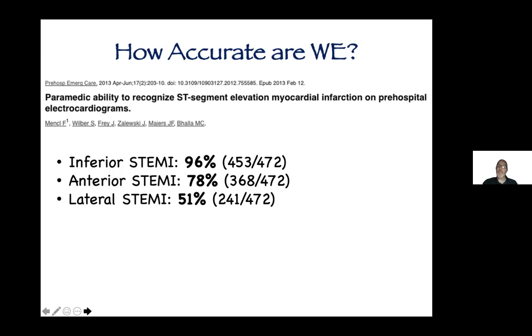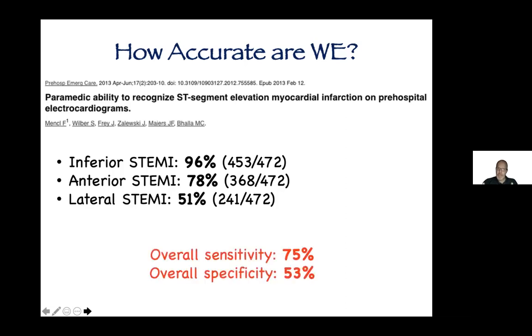But you can see that our success goes down when we get into anterior STEMI and lateral STEMI. And as you can imagine, isolated posterior STEMIs get missed by physicians all the time. So what did that mean? Overall in this cohort of paramedics, they were 75% sensitive, which meant that they correctly called an MI 75% of the time.